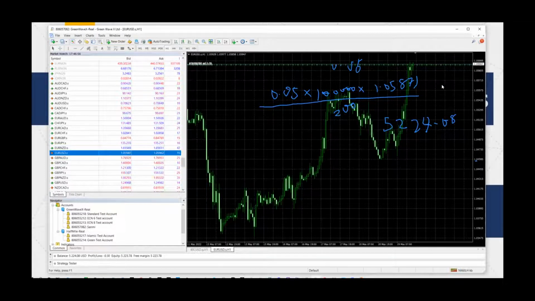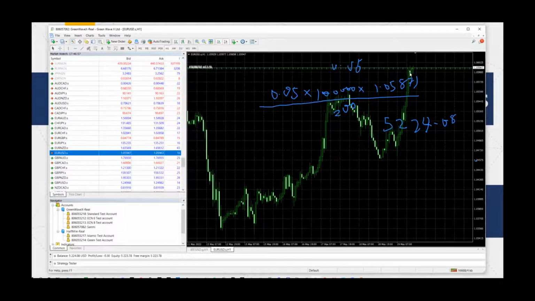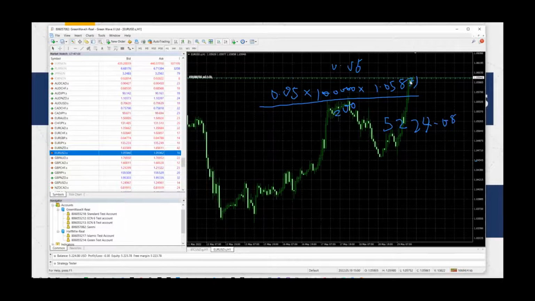I have 4 trades, 2 are going up, 2 are coming down, and they're of the same size. So if the price goes up, the buy profit is going to cancel the sell losses. That's why I have free margin, because this is almost like I'm not trading. I don't know if you guys understand what I'm talking about. It actually means that I'm not trading.